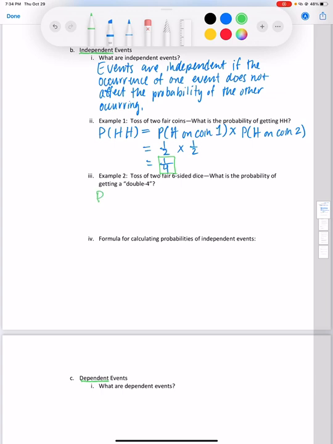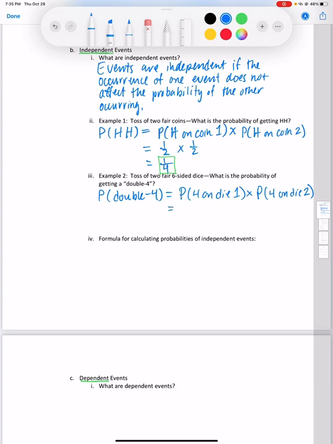So the probability of getting a double 4 is equal to the probability of getting a 4 on die 1 multiplied by the probability of getting a 4 on die 2.